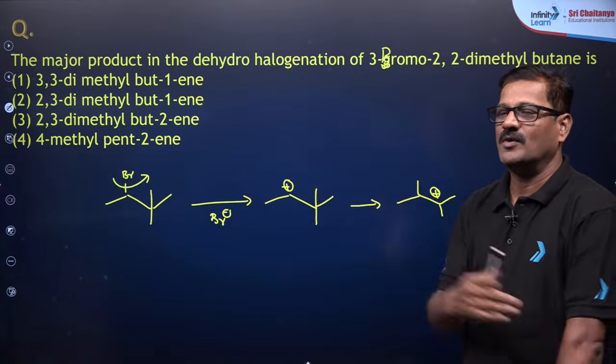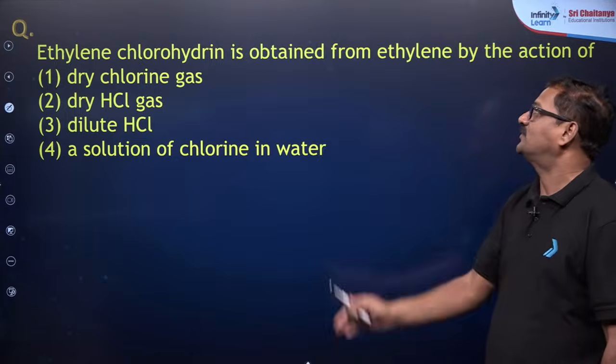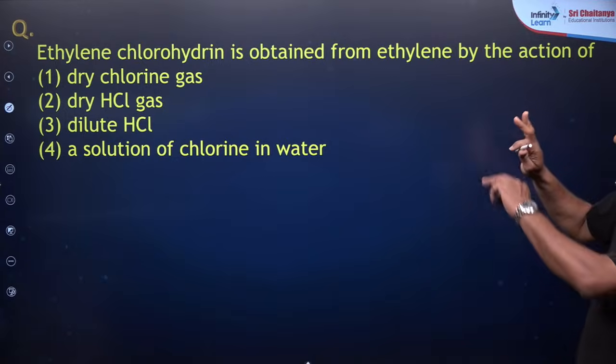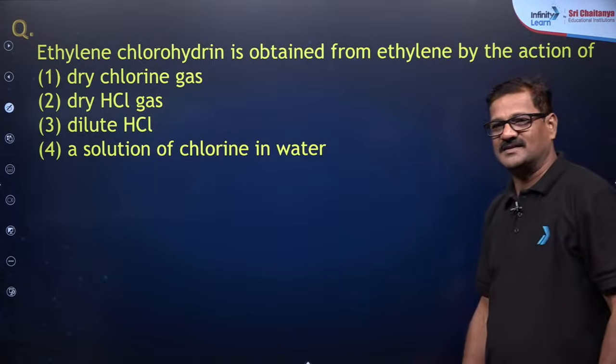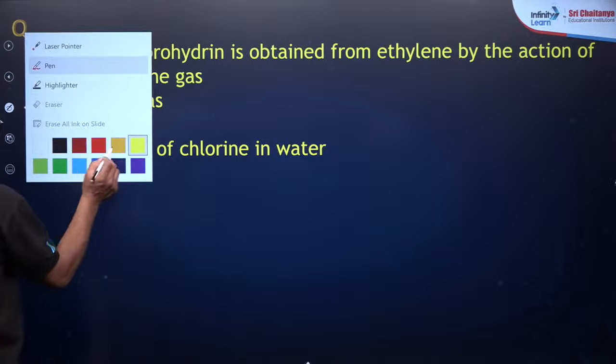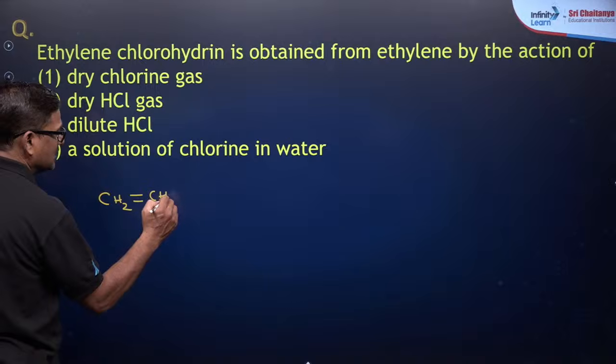Let us solve one more question over here. Ethylene chlorohydrin is obtained from ethylene by the action of, you see the terminologies that give you a little confusion. What is ethylene? So, ethylene will be CH2=CH2.